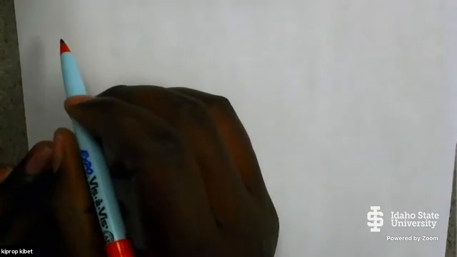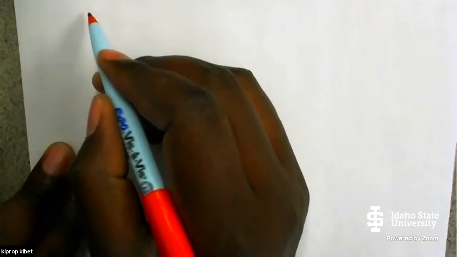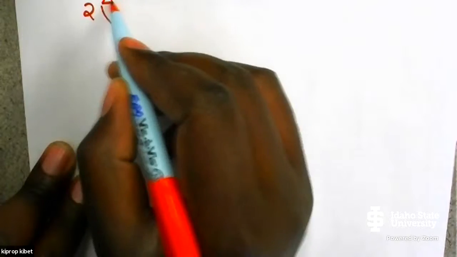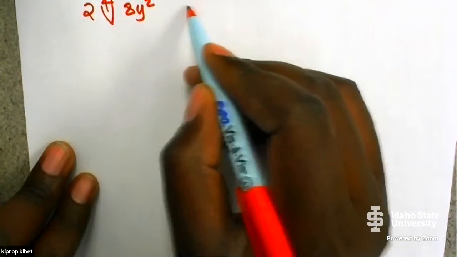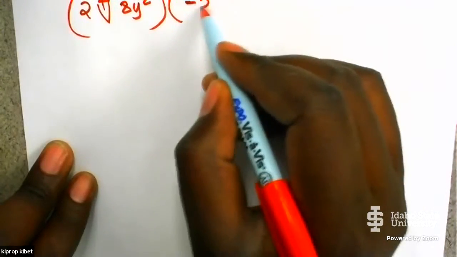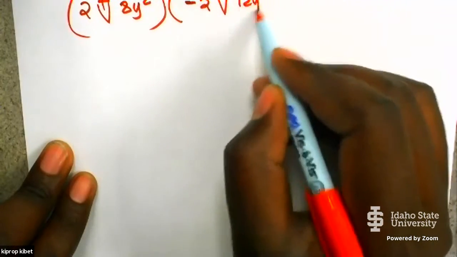Now, if we have this other example, 2 the 4th root of 8y squared, and then minus 2 the 4th root of 12y cubed.